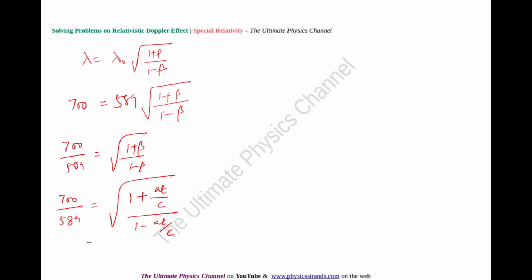If I square both sides and evaluate this value, I get (1 plus 80 over c) over (1 minus 80 over c) is equal to 1.412.